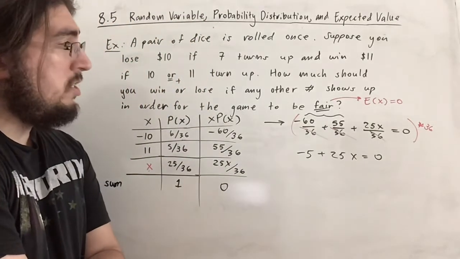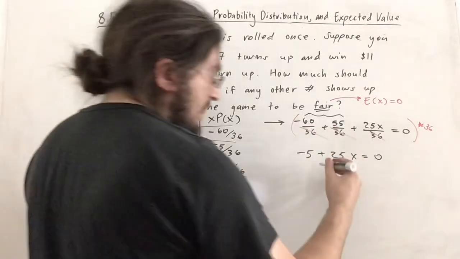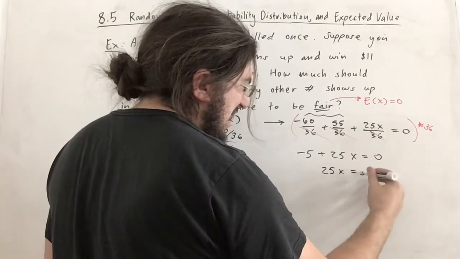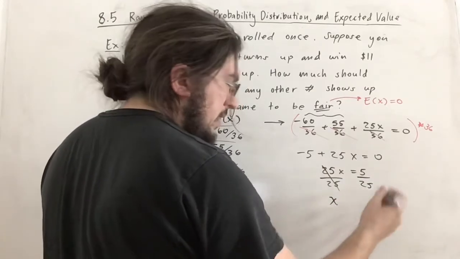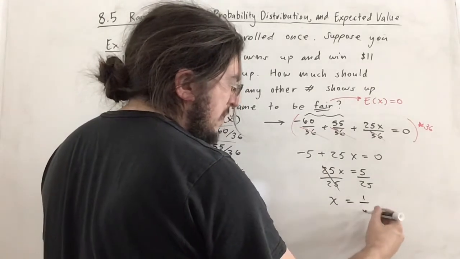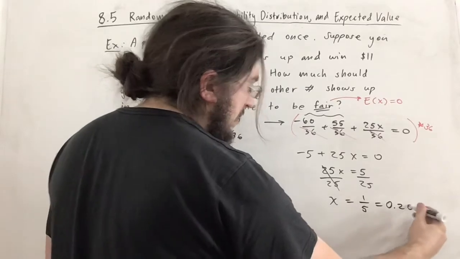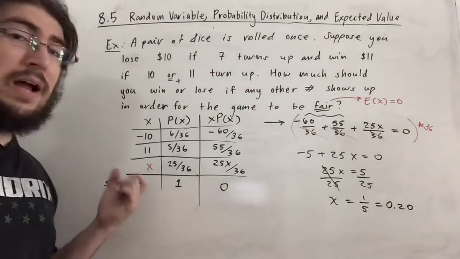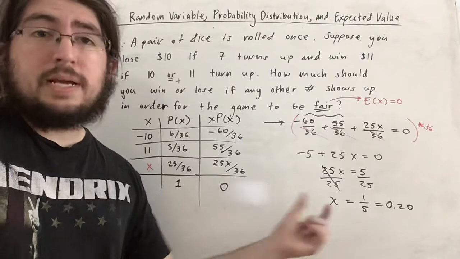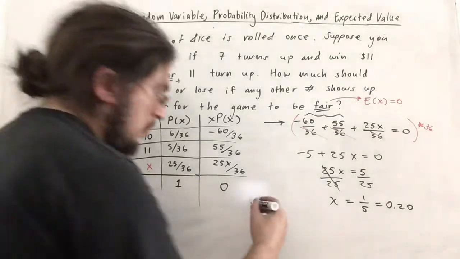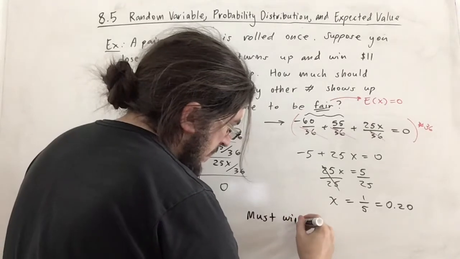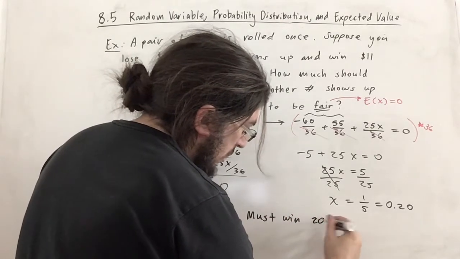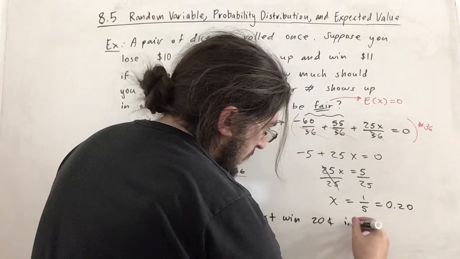So now what we need to do is just add 5 to the other side and divide by 25. And this, of course, reduces to 1 over 5, which is 20 cents. So you'd have to win 20 cents. And I know win because it's positive 20. So you must win 20 cents in order for the game to be fair.